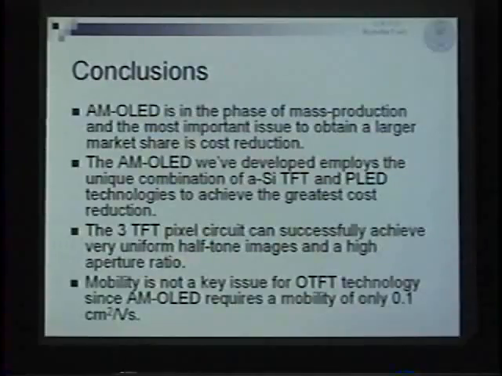The 3 TFT pixel circuit can successfully achieve very uniform halftone images and a high aperture ratio, and mobility is not a key issue for OTFT technology since AMOLED requires mobility of only 0.1 square centimeter per volt second. Thank you very much.